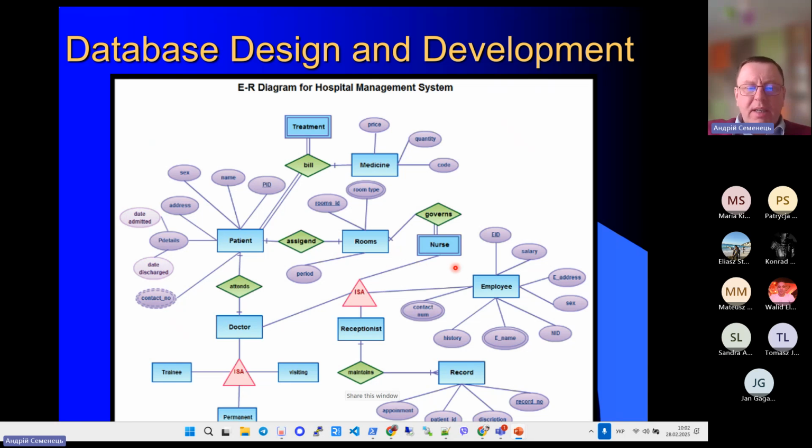So, for example, in this case, we have entities in those blue boxes. Some of those boxes, as you can see, are expanded, and some have double borders. It means that in this diagram we don't provide details of these entities.